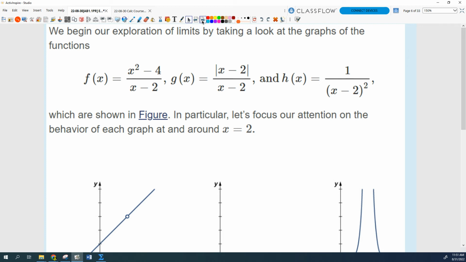For now, pretty soon we're going to learn ways that we can do this algebraically and get exact answers where we're not relying on some graph. Because graphs aren't always easy to use, right? What if the limit is something really bizarre? Then it's difficult and time consuming to find out what the actual limit is. And what if it's an irrational number? You're never going to know then, right?